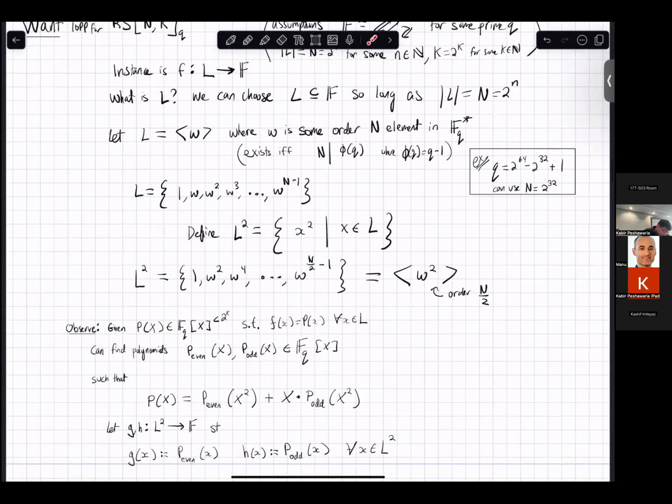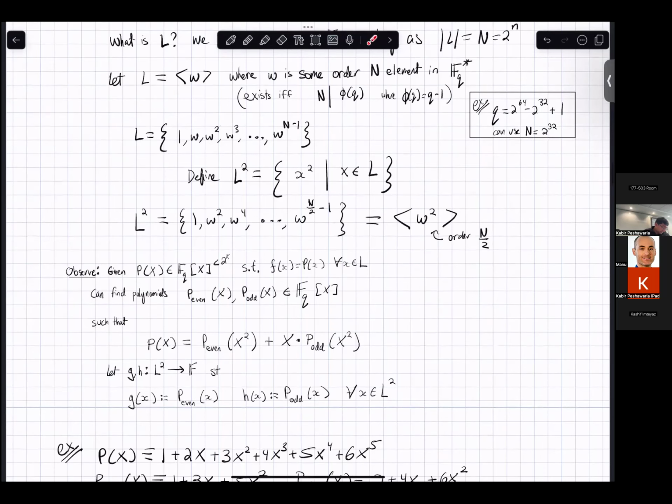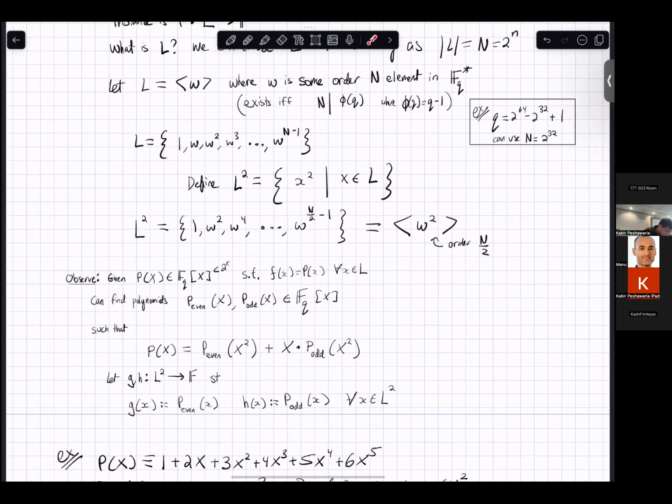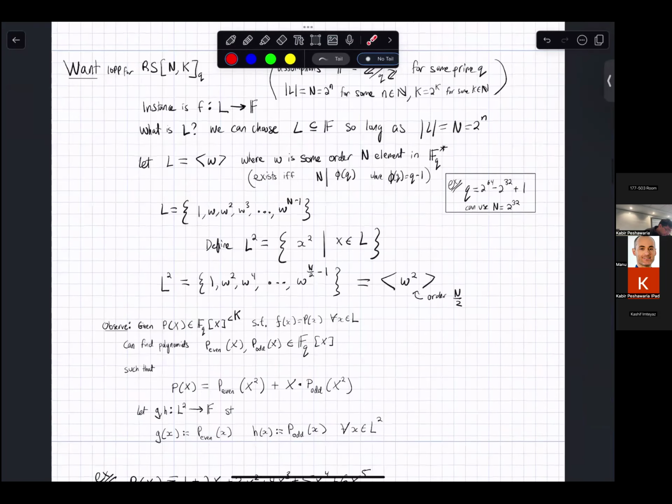Okay. So an observation that's going to be very important. Given P of x, which is some polynomial of degree less than 2 to the k, I'm going to just call this capital K, such that f of x is equal to P of x. So let's say our instance f was actually a codeword. That means there is some low degree polynomial that agrees with f at every single point in the domain.